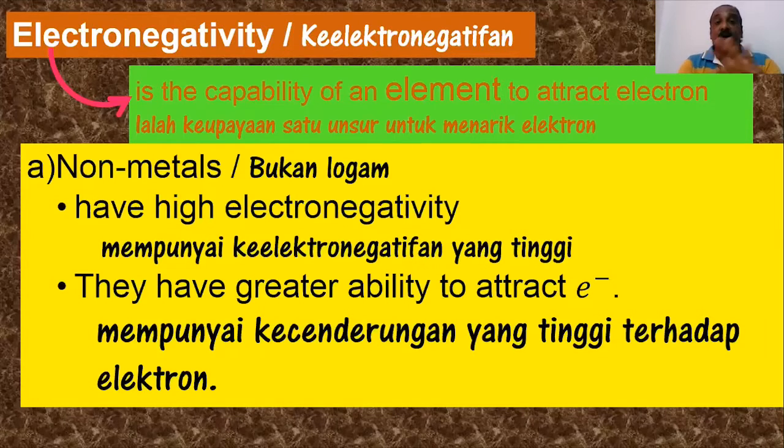So among all the atoms that we have in our periodic table, atom manakah paling tinggi keelektronegatifannya? Okay, if you know, put your answer in the chat group. I can check. So atom manakah mempunyai sifat keelektronegatifan yang paling tinggi? All the atoms you can consider.